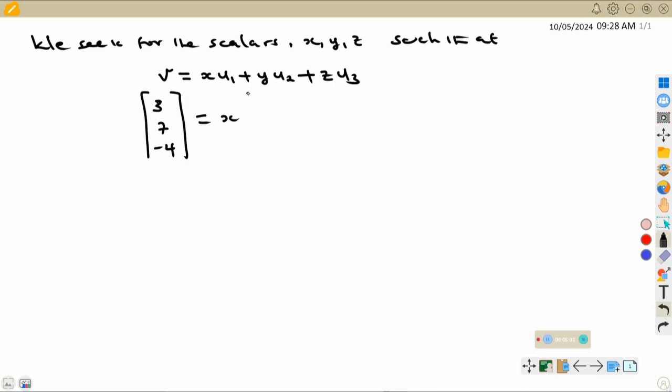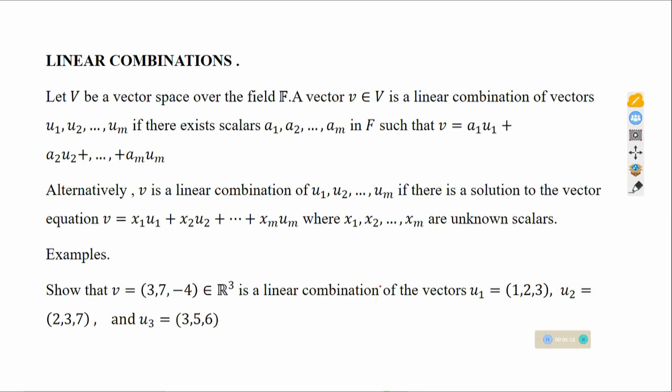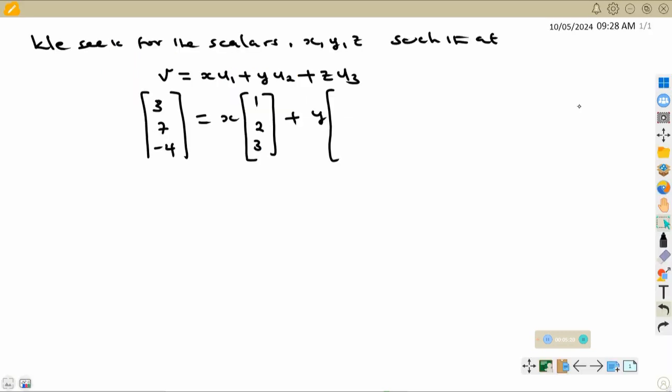We have x times u1, where u1 is 1, 2, and 3, plus y times u2, where u2 is 2, 3, 7, plus z times u3, where u3 is 3, 5, and 6.